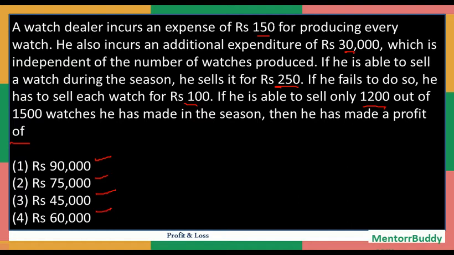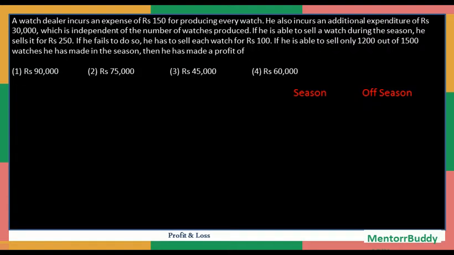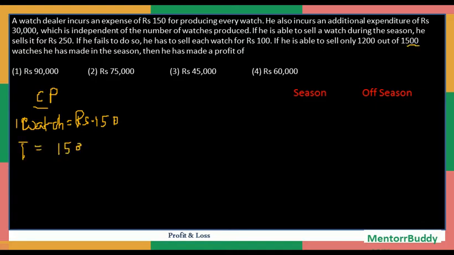Now, solving this question, we have to divide the question into parts. Let's see what the initial cost of the dealer is. The cost for one watch is rupees 150, and the total number of watches he produced is 1500. So what is the total cost to produce all the watches?